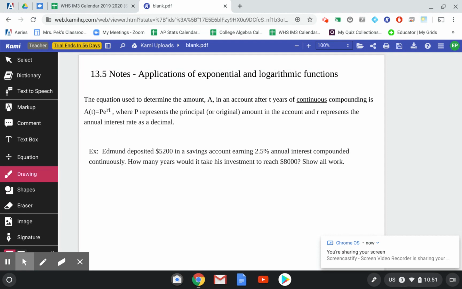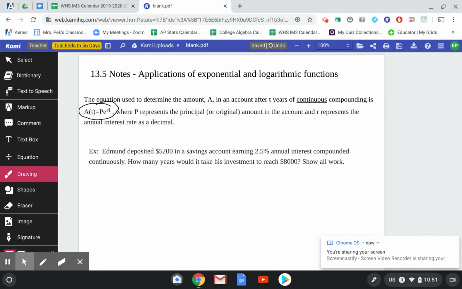All right, so in order to do this problem, we're going to be looking at a continuous compound interest problem. So the equation that we need to use for compound interest when it's compounded continuously is this: A of t equals P times e to the rt power. P represents the principal or original amount in the account.